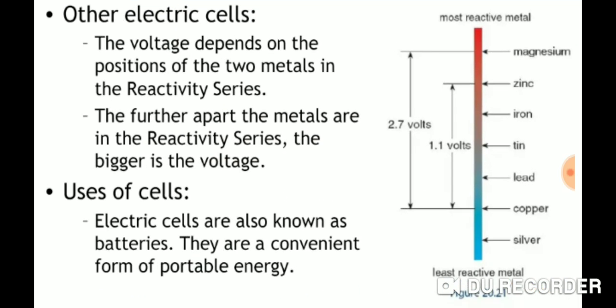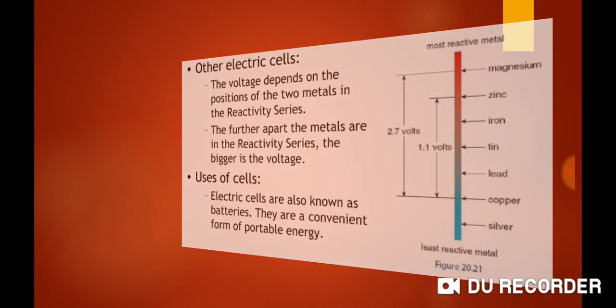There are some more electric cells which can be used. So you can see we can use most active metals like magnesium, zinc, iron, tin, lead, and they make the electrodes. So least reactive metals as well as most reactive metals both can be used to make an electrolytic cell.